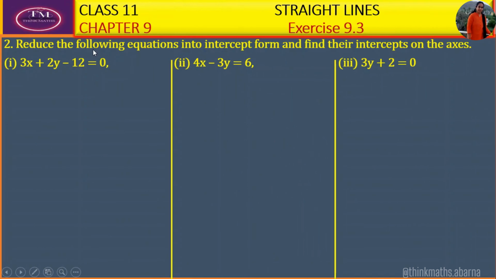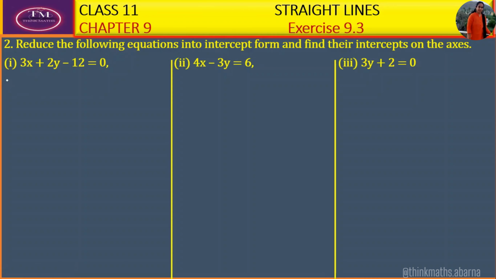Reduce the following equations into intercept form and find their intercepts on the axis. So we have to change to intercept form and find the intercepts on both the axes. Here both the x-intercept and y-intercept are given.